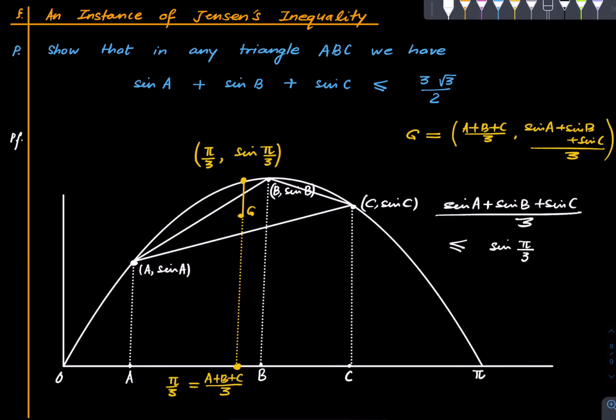And that immediately gives what you want, because sine of pi by 3 is root 3 by 2, and therefore sine a plus sine b plus sine c is at most 3 times root 3 by 2. That's the proof.